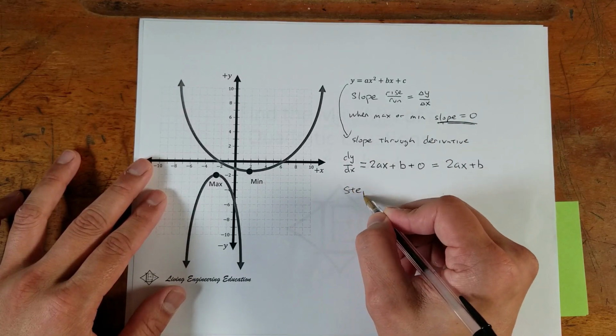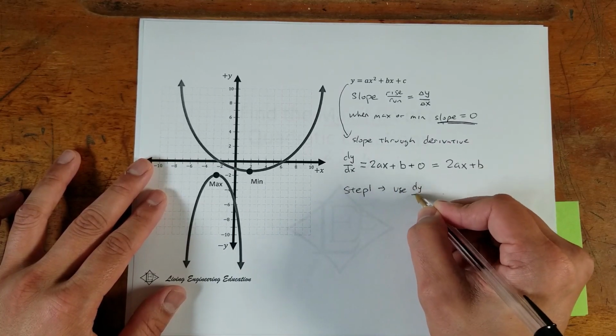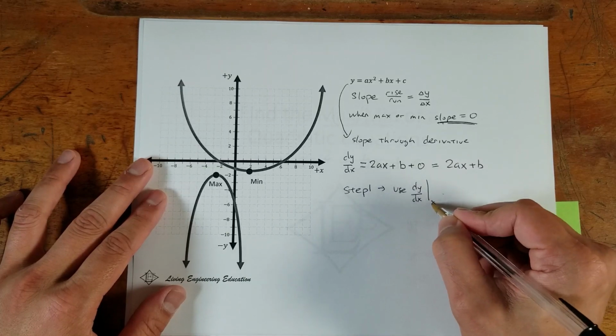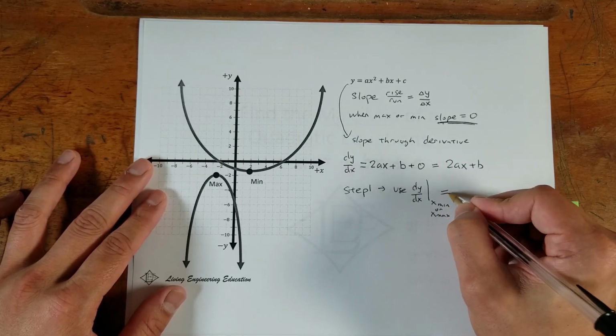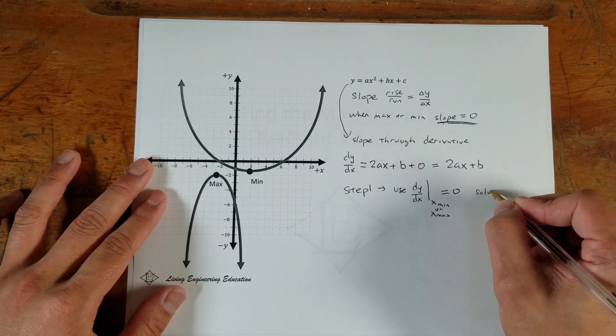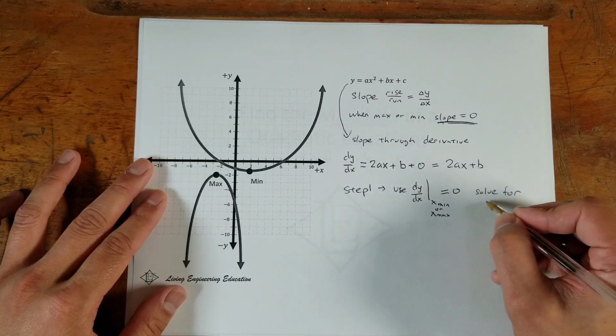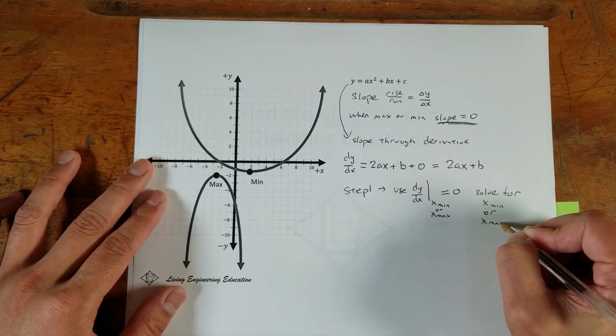So step 1 of this process: use dy dx at x min or x max and set that equal to 0. Then you will be able to solve for either x minimum or x max.